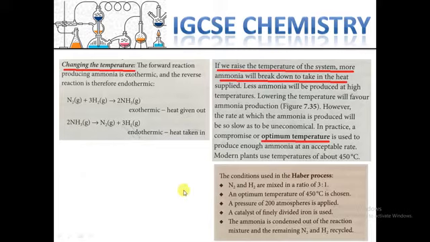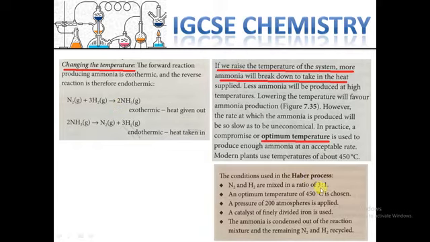So let's have a summary about the Haber process. Nitrogen gas and hydrogen gas are mixed in a ratio of 3 to 1, because based on the chemical formula of ammonia, we have 1 nitrogen and 3 hydrogen connected to nitrogen.